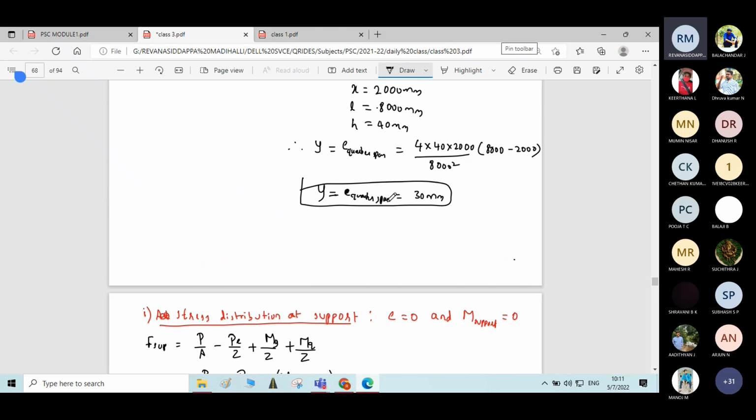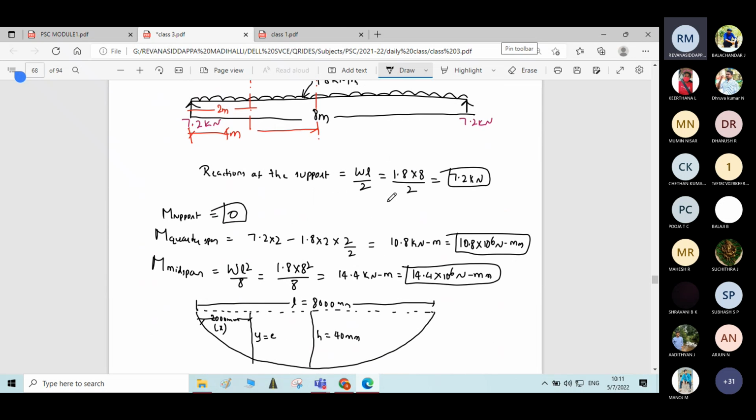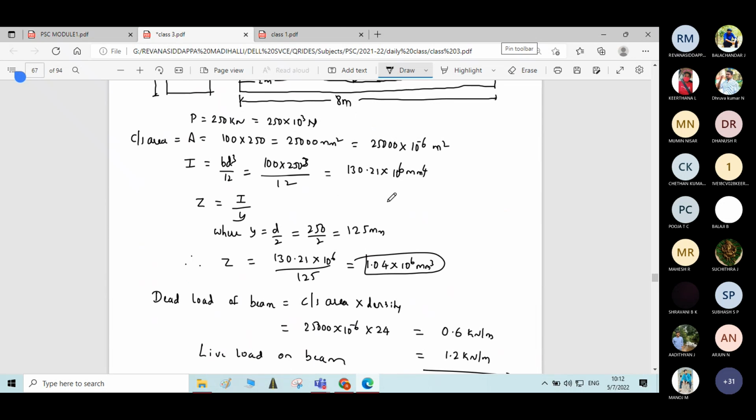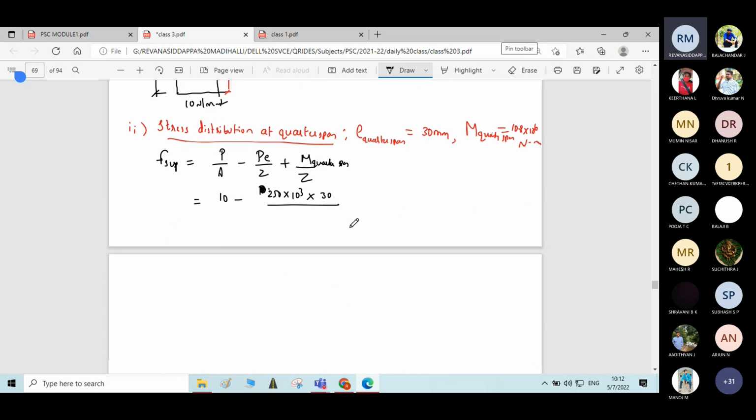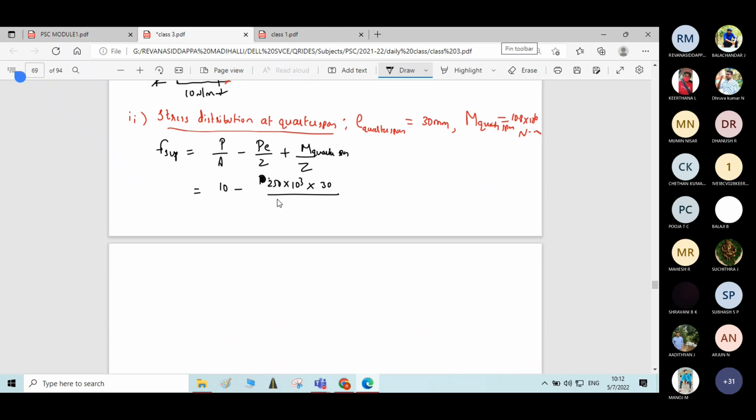Section modulus Z, which we calculated at the beginning, is 1.04 into 10 power 6. Plus moment at quarter span, 10.8 into 10 power 6, divided by section modulus 1.04 into 10 power 6.